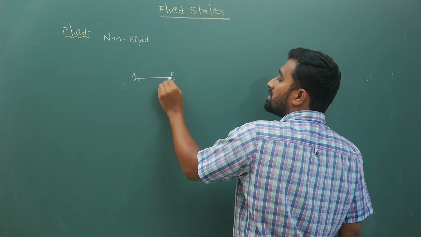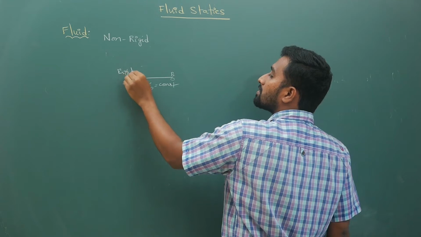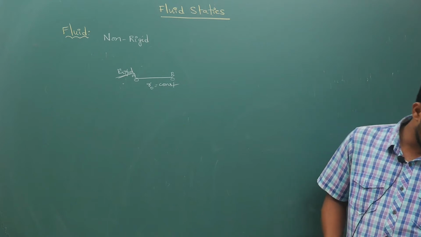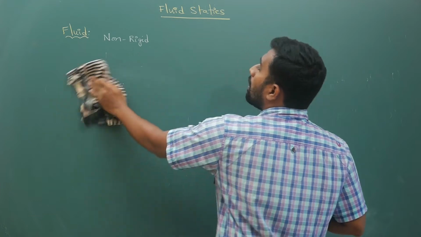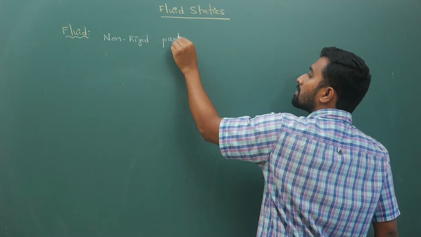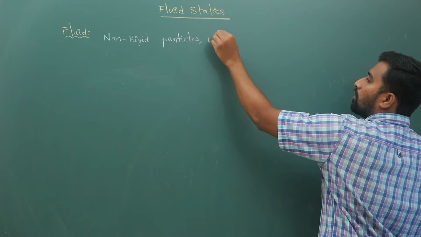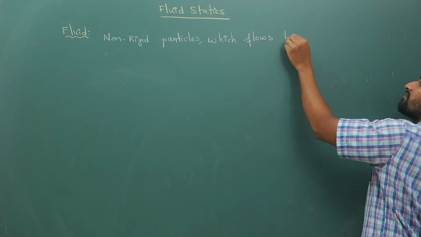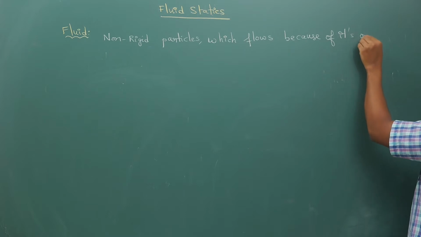R naught is constant for a rigid body: you take any two points, and the distance between them will remain constant with respect to time. But here I am using the word non-rigid, particles which flow because of their own weight.